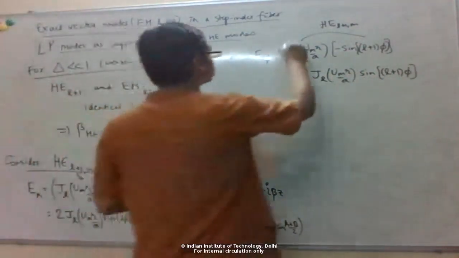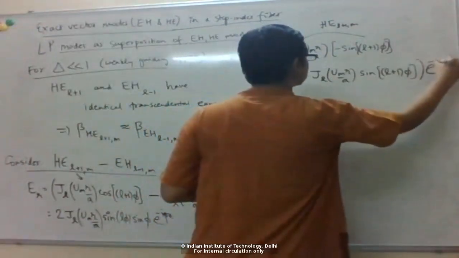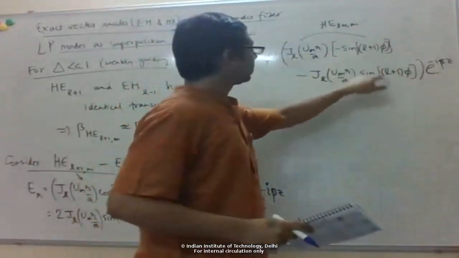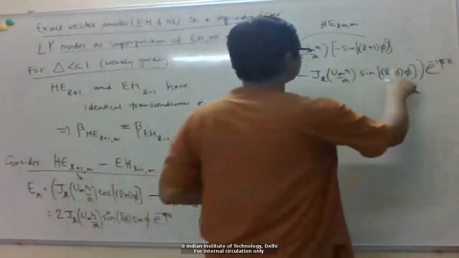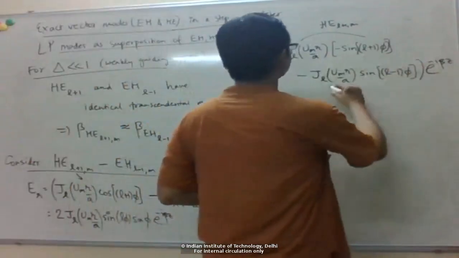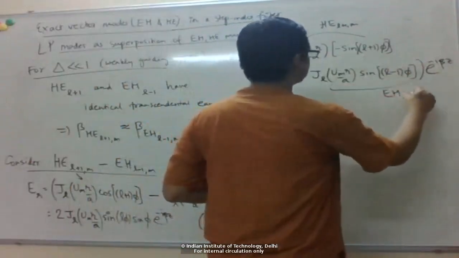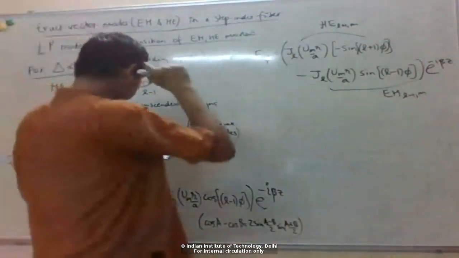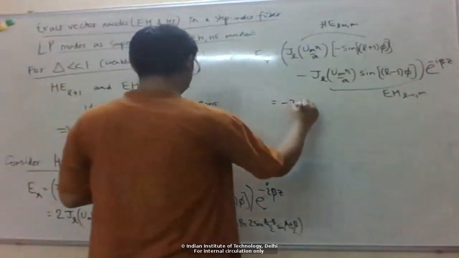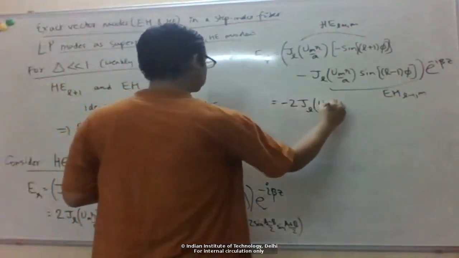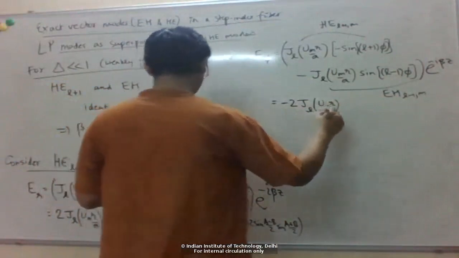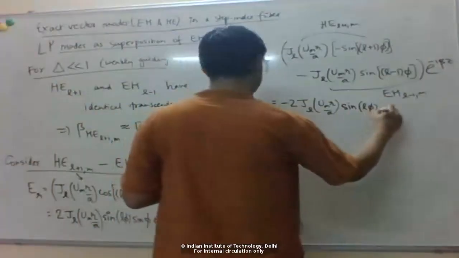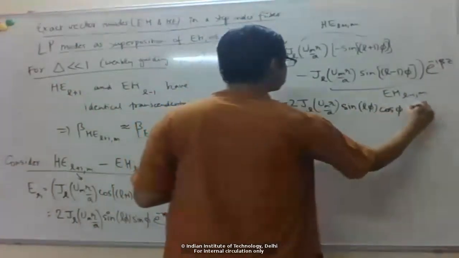Okay, so again we can use another trigonometric identity here. Sorry, this is L minus 1, because this is EH L minus 1. So we get sine L phi times cosine phi this time.